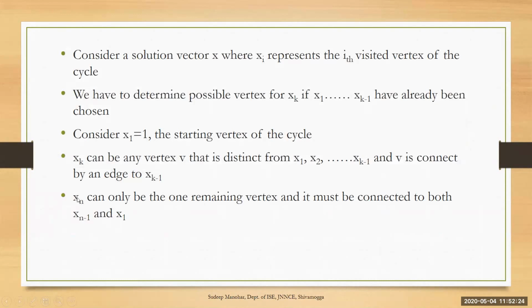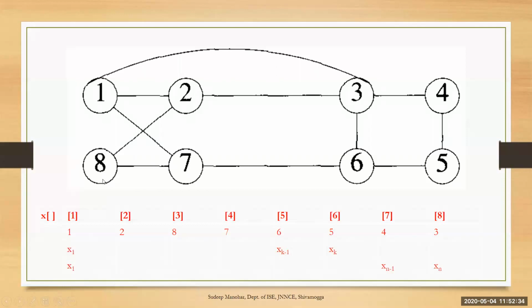One more point. xn can only be the one remaining vertex. What is xn? In this example, n is 8. The number of vertices is 8. So this x8 is nothing but xn. It is the last vertex to be filled, the last position to be filled.